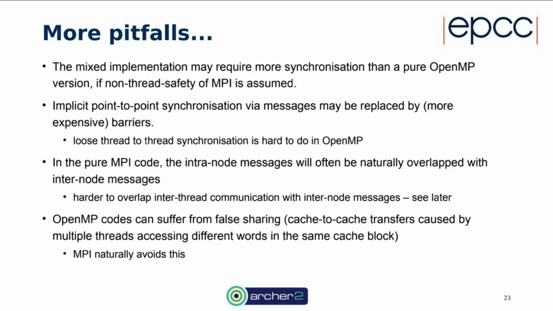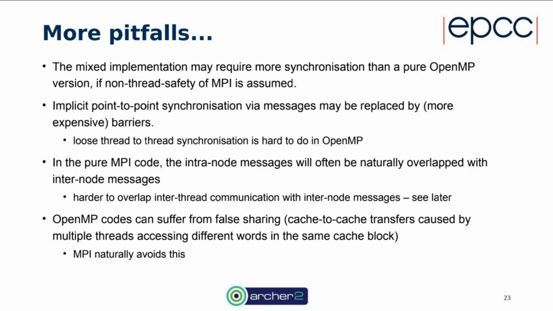And we discussed last time that OpenMP codes can suffer from this false sharing phenomenon. This is where we have cache-to-cache data transfers caused by multiple threads accessing different words in the same cache block. MPI naturally avoids that because every MPI process has its own separate address space.